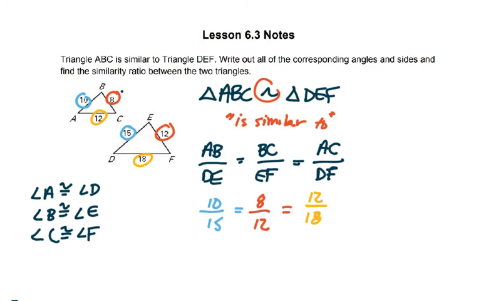So this reduces by 5 to 2/3, reduces by 4 to 2/3, reduces by 6 to 2/3. And they are all the same ratio, so we know that they're similar.